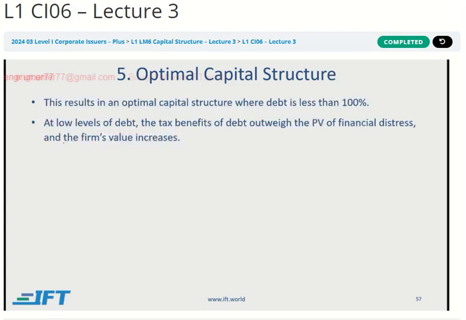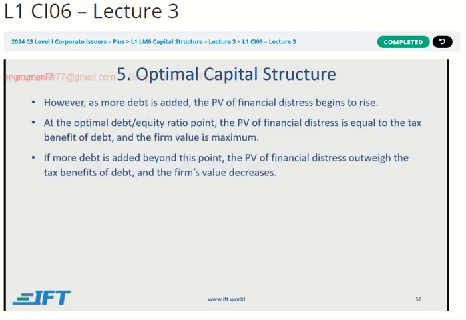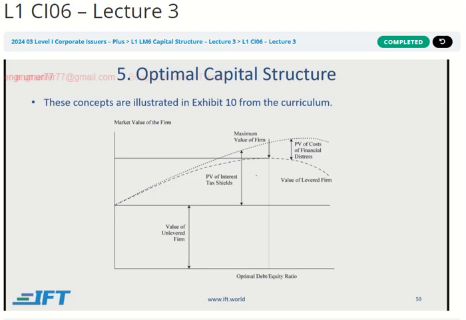And therefore, WACC will come down, but then it will start going up once the tax benefits are not as much as the cost of financial distress. So at some point, the present value of the financial distress will equal the tax benefit, and then outweigh it. And that is where the firm value starts going down.